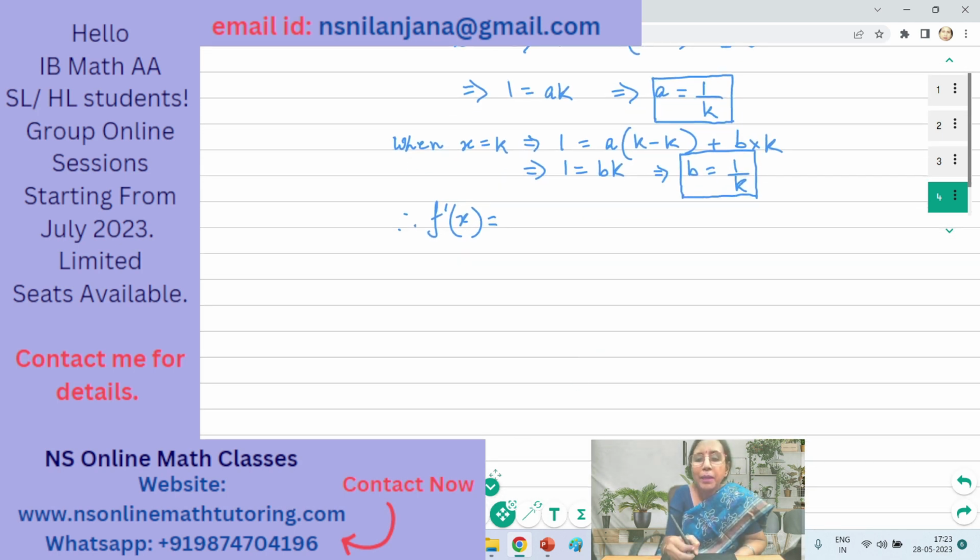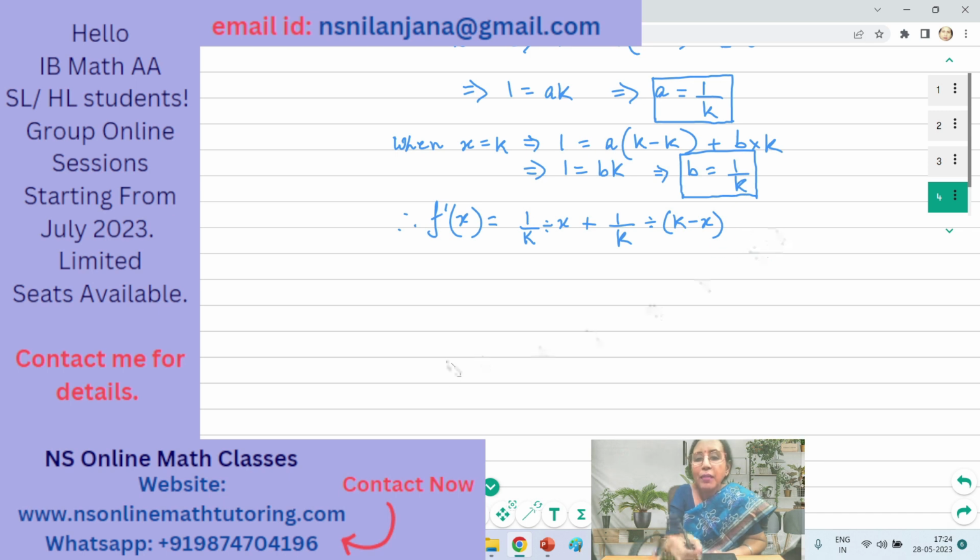A over x means A divided by x. And what is A? A is 1 over k divided by x plus B over k minus x. What is B? B is 1 over k divided by k minus x.